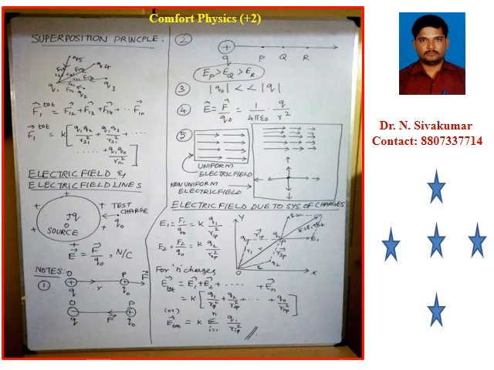So here the electric field at point P due to Q1 is E1, due to Q2 is E2, therefore you will have a resultant electric field E. That resultant electric field E is the sum of these two fields, that is E1 and E2. If you are having n number of charges, you need to add all the electric field due to all the charges at a particular point.